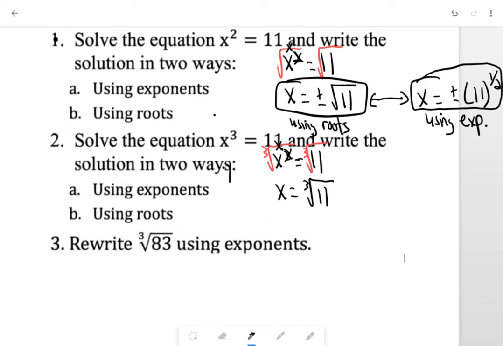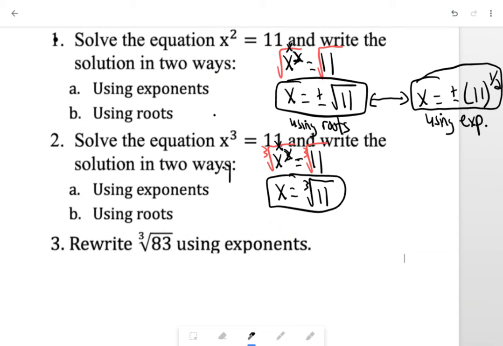That's why we put the plus and minus when we do square roots. But when we do cube roots, if I cube a positive, I'll get a positive. But if I cube a negative, take a negative number and cube it, I will get a negative. So I don't need to write the plus or minus. X is simply going to equal the cube root of 11.